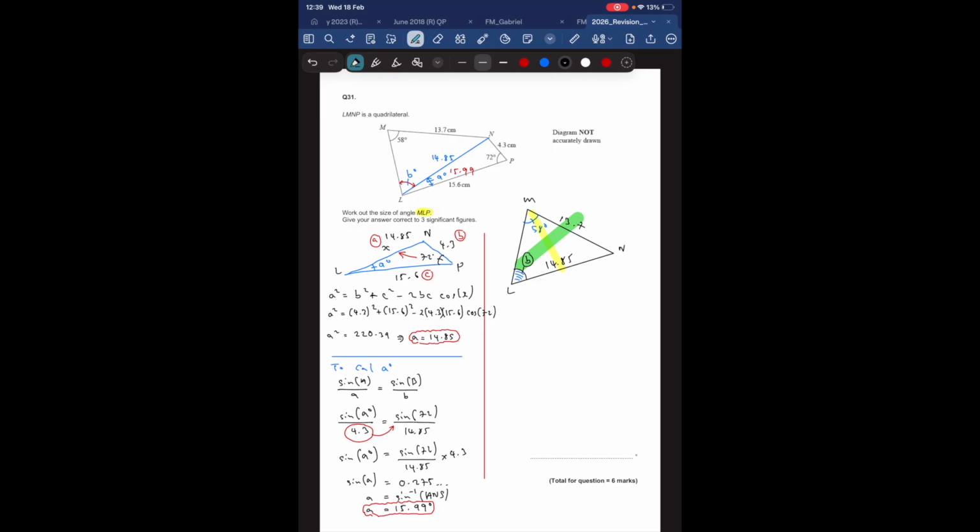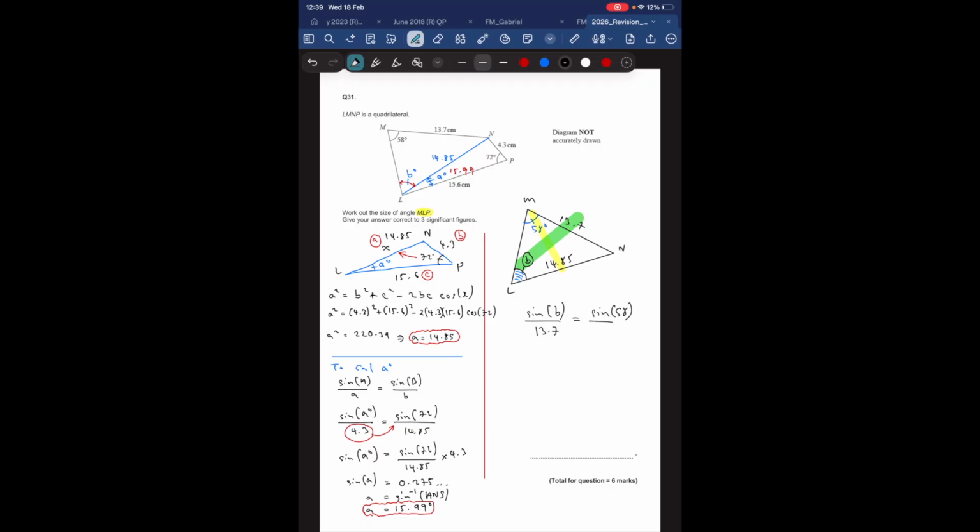We're going to put the sines on top. So we can write sine B over the length which it's opposite, which is the 13.7, equals sine 58, which is basically this angle here, over the length which it's opposite, which is the 14.85.